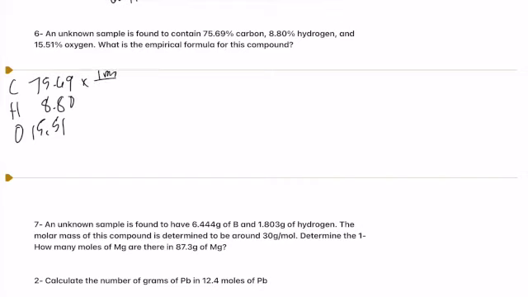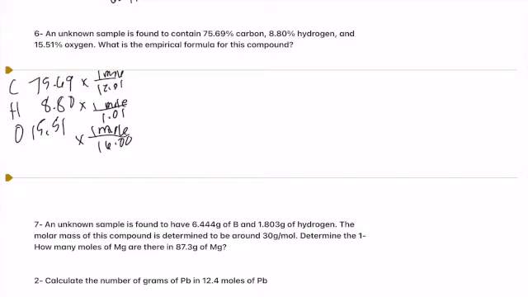And so of that 100 grams, 75.69 grams would be carbon. So this is just converting into moles. We look up our atomic weight for each of these. Carbon was 12.01, hydrogen was 1.01, and oxygen is 16.00 grams per mole.